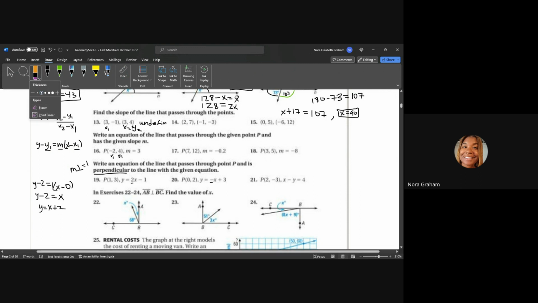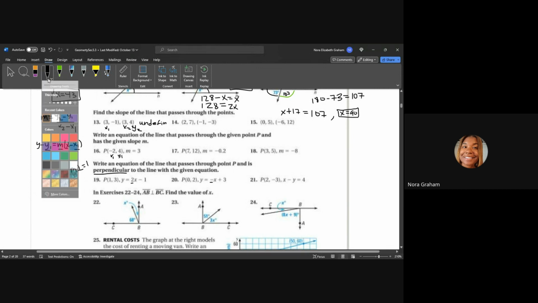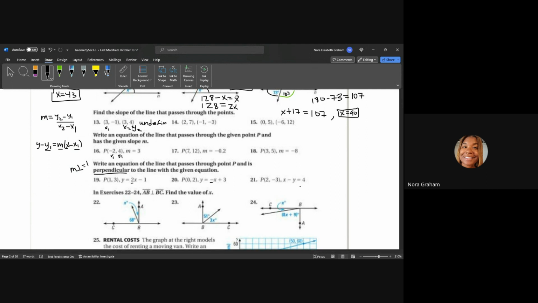Now let's go ahead and do number 21. For 21, again, for this one, it's a little different. I can't really right off the bat tell what my slope is. So it's always easiest to get your equations in y equals mx plus b form. So it's way easier to identify the slope. So let's go ahead and get this into y equals mx plus b form.